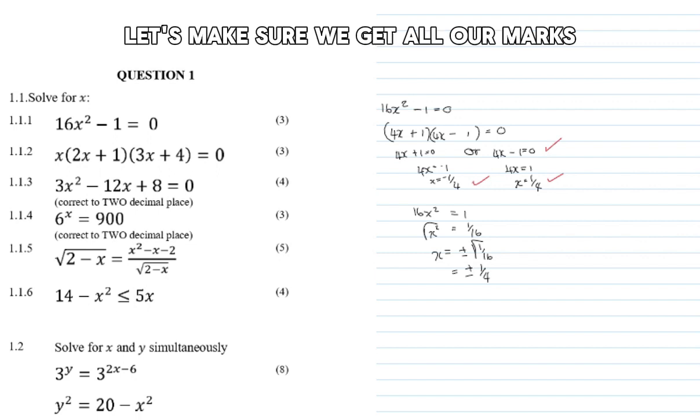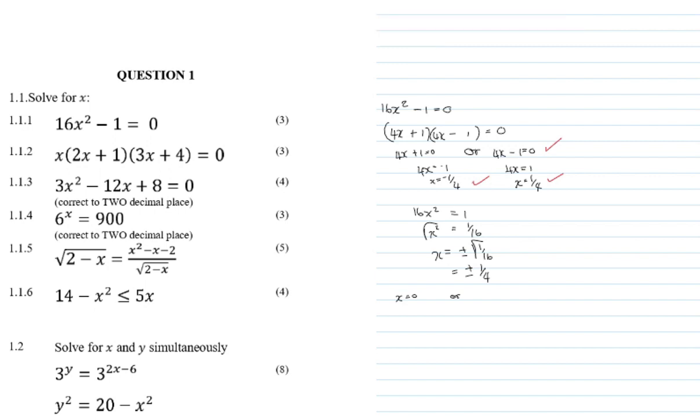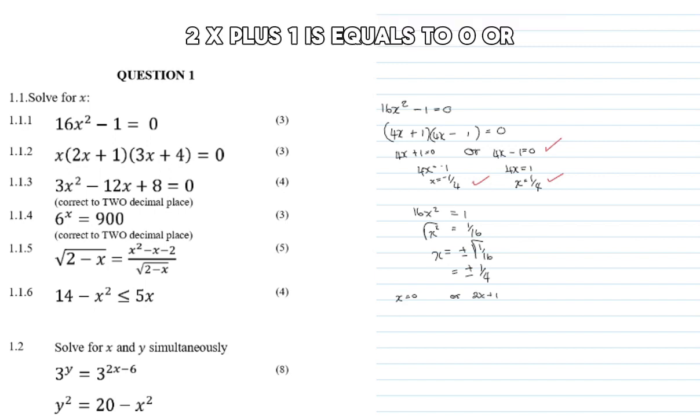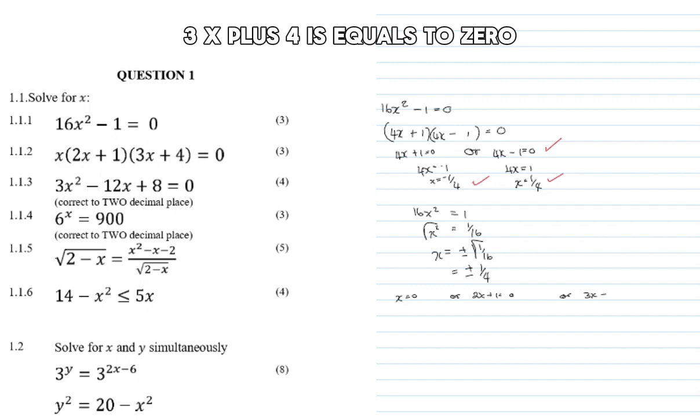Let's make sure we get all our marks. So we're going to say the first one is x is equal to 0, or 2x plus 1 is equal to 0, or 3x plus 4 is equal to 0.